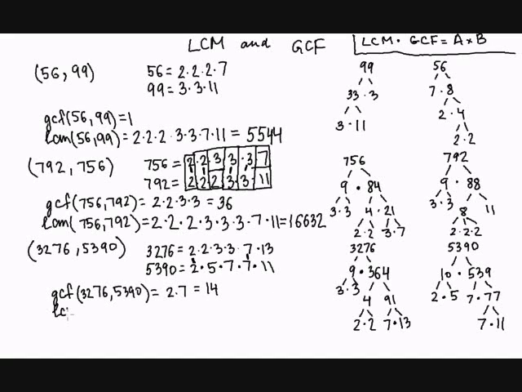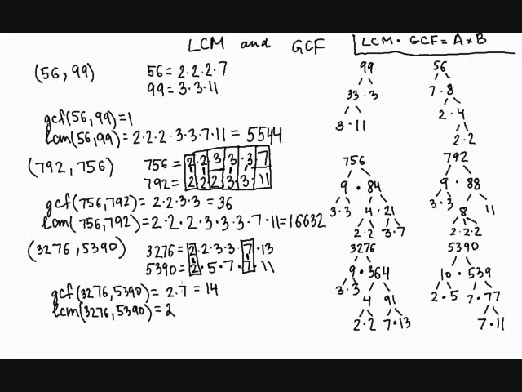Now we're going to find the least common multiple of these two numbers. To find the least common multiple, we have to write all the factors of these two numbers, but the common factors we're only going to count once. So we're going to count this as 1, 2, and this as only 1, 7.